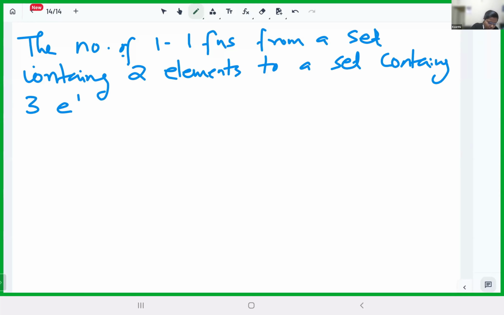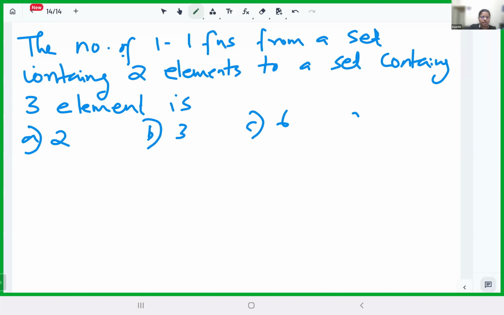We have to find out the number of 1-1 functions from a set containing 2 elements to a set containing 3 elements. So how will you find out? It is not given in your textbook. It has a formula.